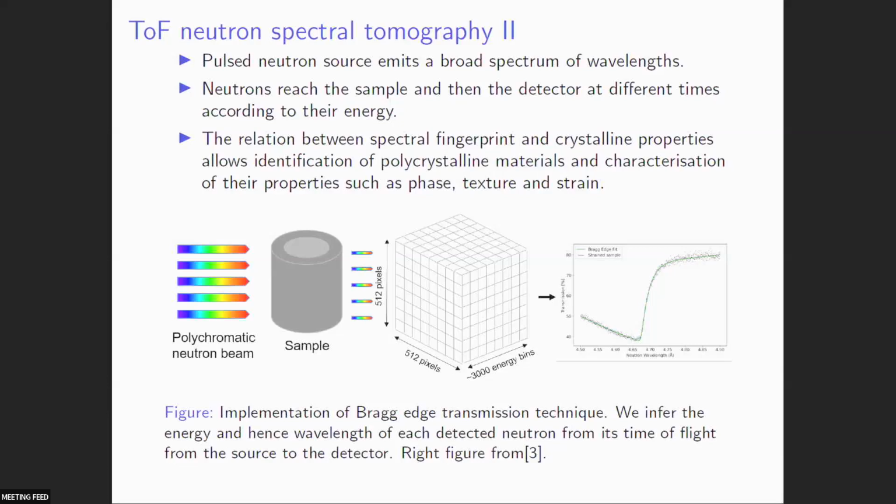And when the sample's strained, this Bragg edge would move. But if it moves differently along the beam, because you have different strains, it actually blurs out this slope. And from that, we can recover the distribution of strain along that line. So a lot more than just the total strain along that line. So we can do that tomographically, and we have some results in preprint.